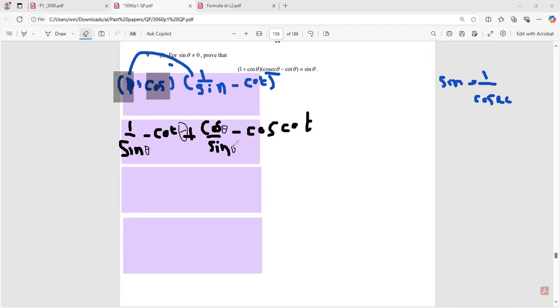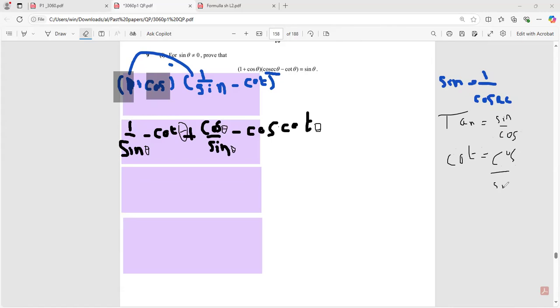And here I'm going to change this. Remember, cot theta is cosine over sine. Remember that the tan has a flip of 1 over cot, right? And the tan equals sine over cosine, and the flip of it is cosine over sine. So the cot is equal to cosine over sine.